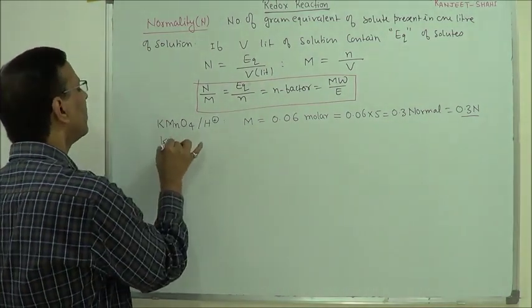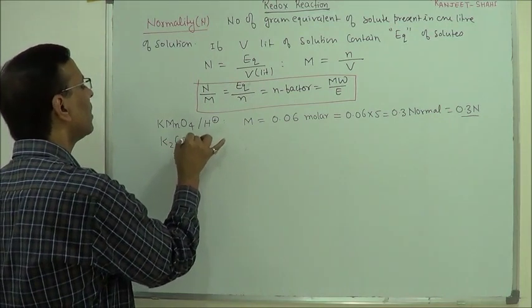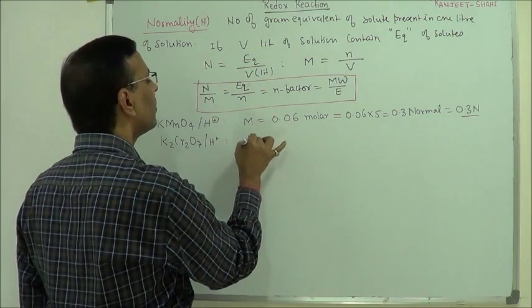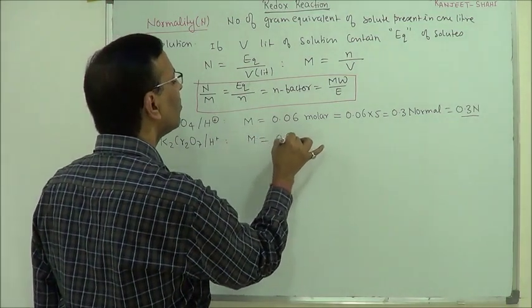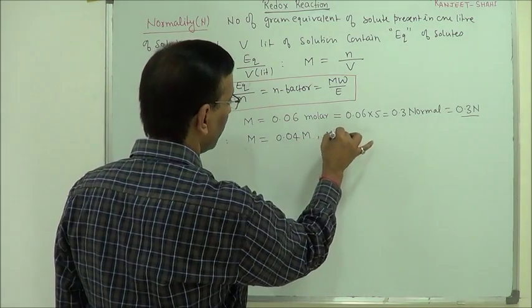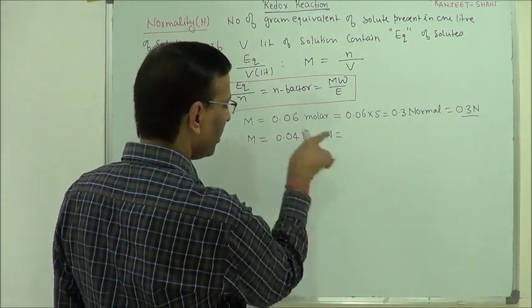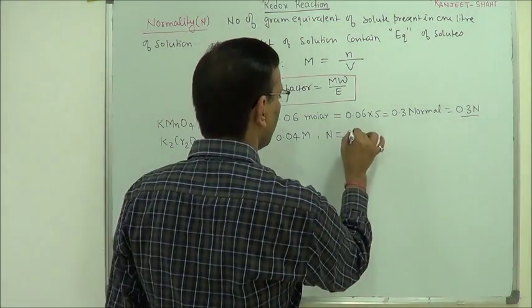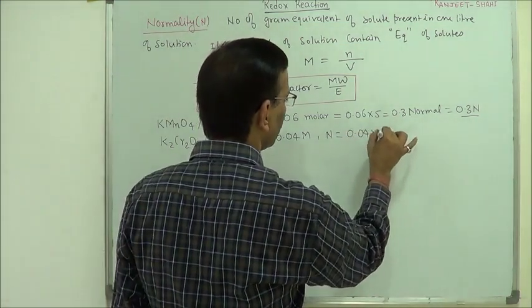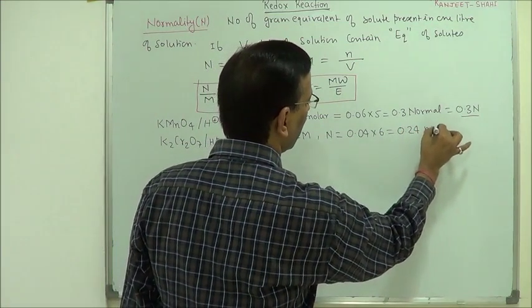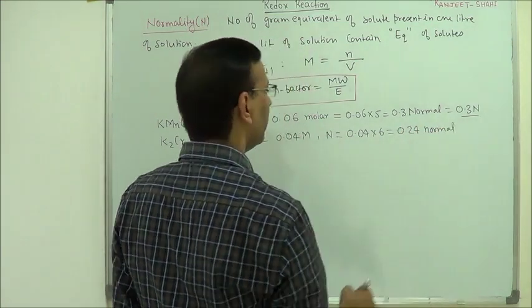So 0.06 molar solution of potassium permanganate is also 0.3 normal. If we have potassium dichromate solution, and if its molarity is given 0.04 molar, its normality will be 0.04 into 6, n factor is 6. So 0.04 into 6, 0.24 normal.